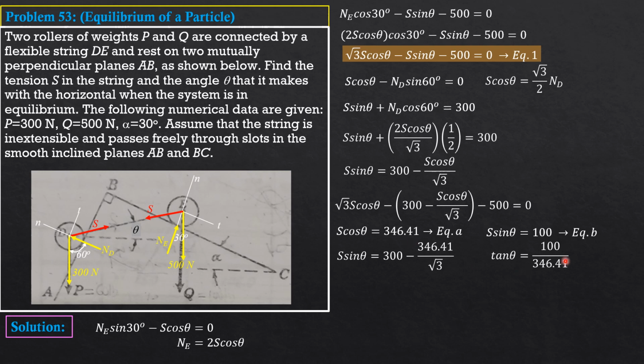From there, we can solve theta, which is equal to 16.10 degrees. Then to solve for S, substitute into this equation: S cosine of 16.1 degrees equals 346.41. So S is equal to 360.6 newtons. Now for the other solution, it is on the next slide.